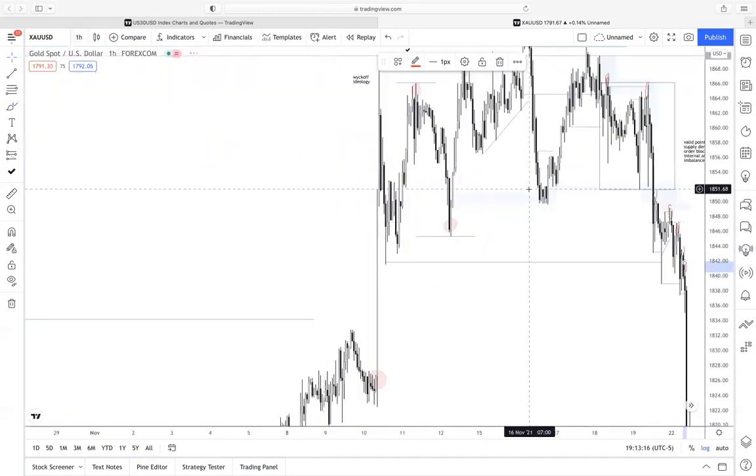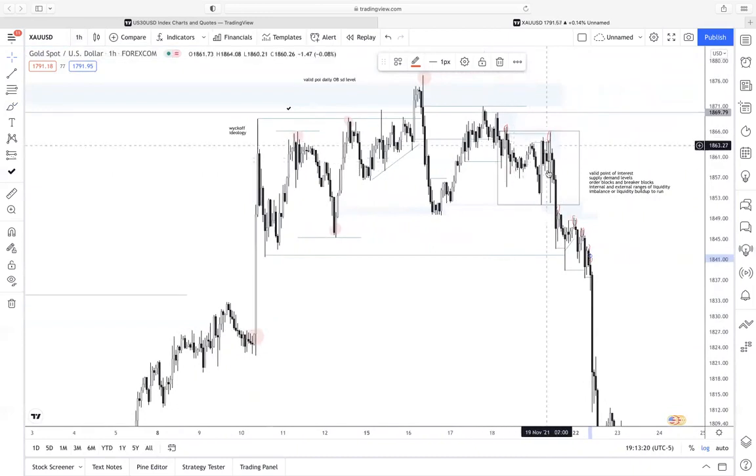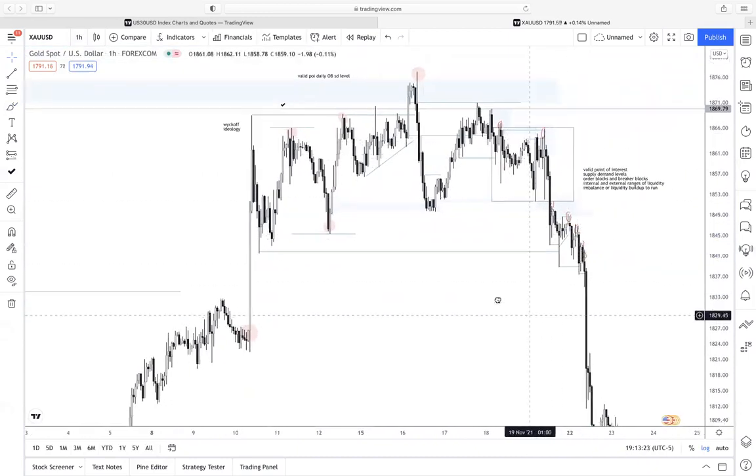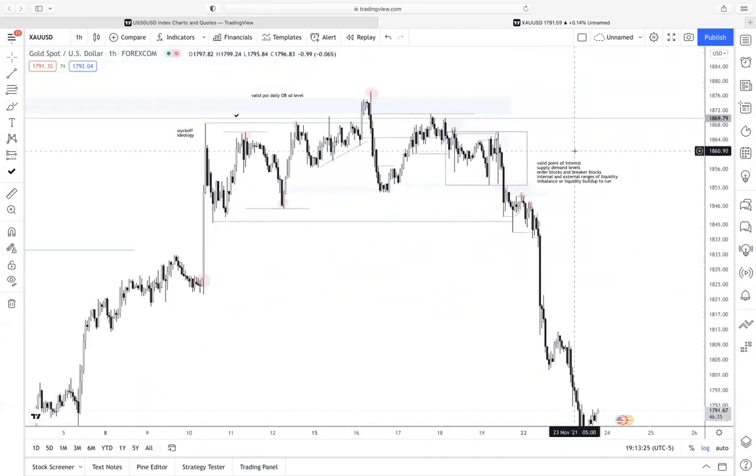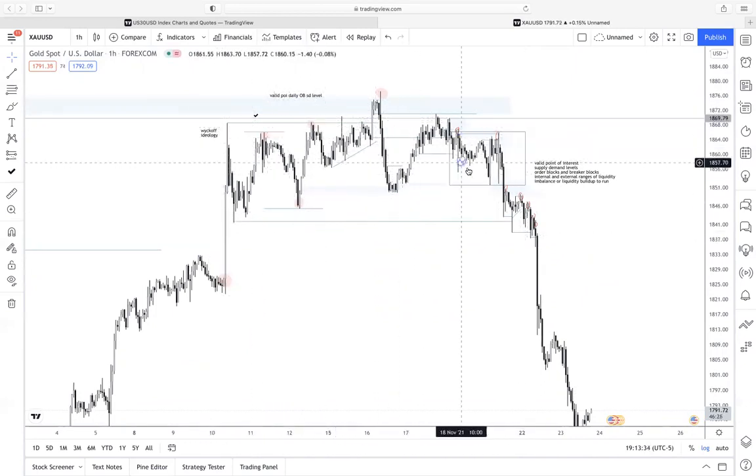So going back to our higher time frame narrative, what do we eventually get? One, two, three, four, five, six, seven entries, all within our sessions, because we've identified our valid point of interest consisting of our order block, breaker, and supply demand level. We have our ideology of reaccumulation and redistribution to go higher.